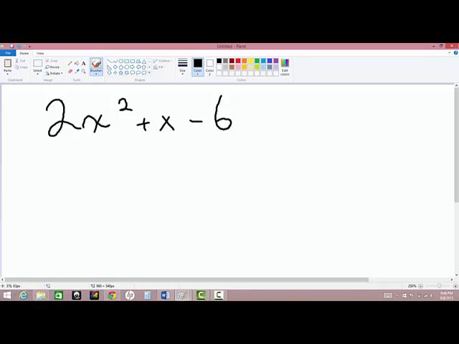We're going to go ahead and multiply those so we get a negative 12. And so now we need two numbers that will multiply to give us negative 12. However, when we add them, give us the b value. And the b value in this case is the coefficient in front of the x right here, which is 1.